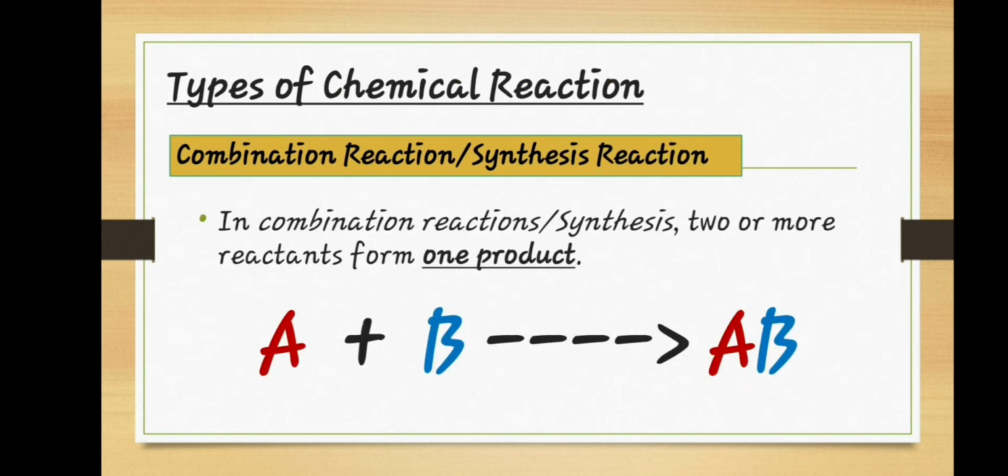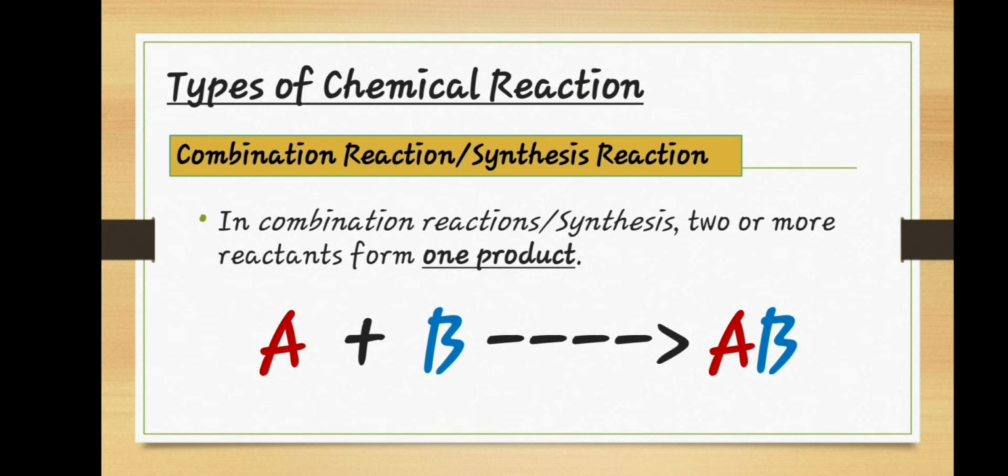So let's start first, of course, with combination reaction, also known as a synthesis reaction. As I've said, from the name itself palang, combination, it is actually a combination of two or more reactants to form one product. So that's why it's called combination. The simplest example is in here.